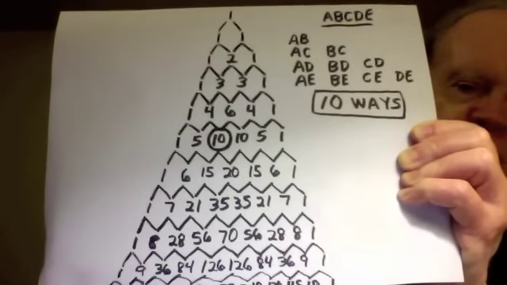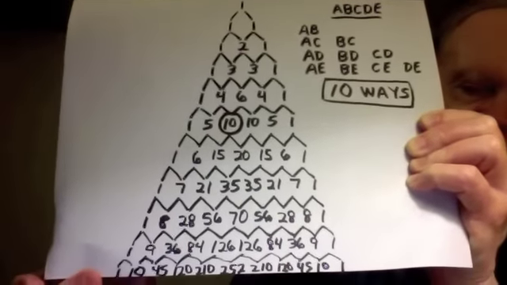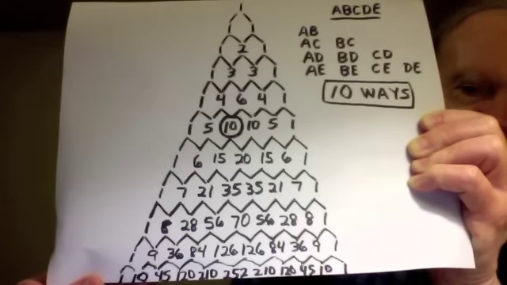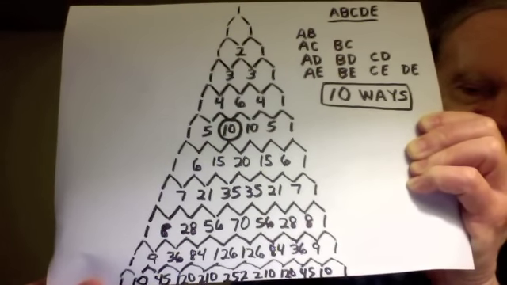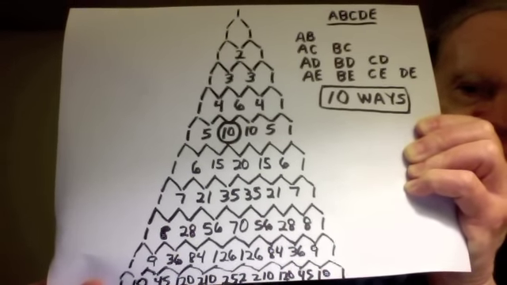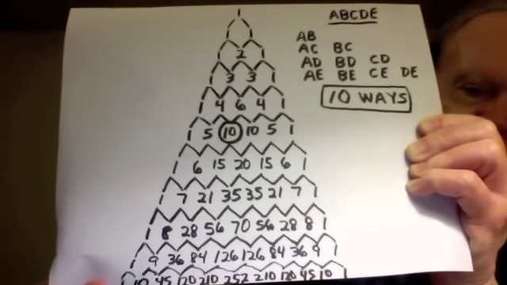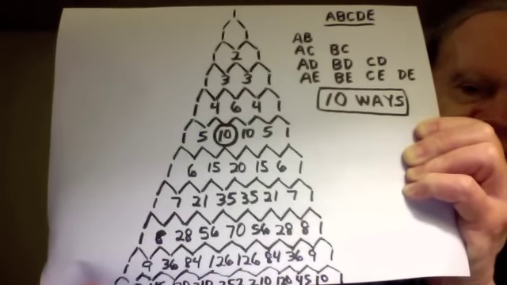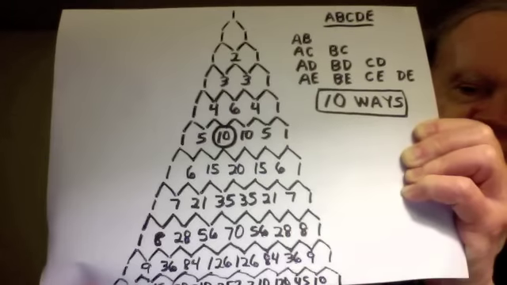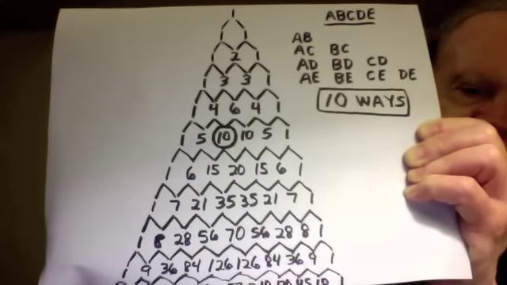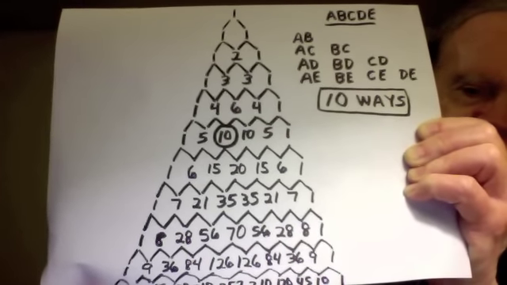Looking at these numbers on row 10 from left to right, this first number 1 is arrived at in only one way, 10 little paths, none of them veering to the right. That is analogous to having a club of 10 members and not forming any committee at all.